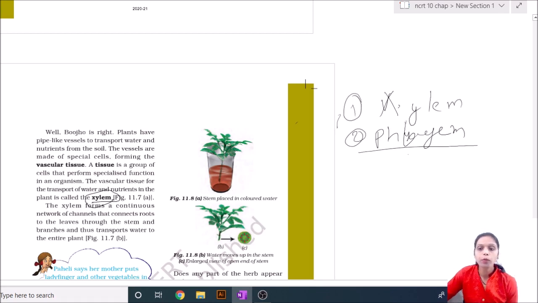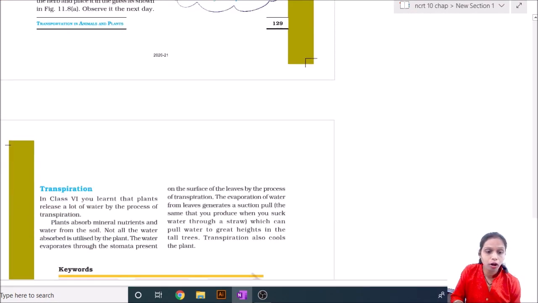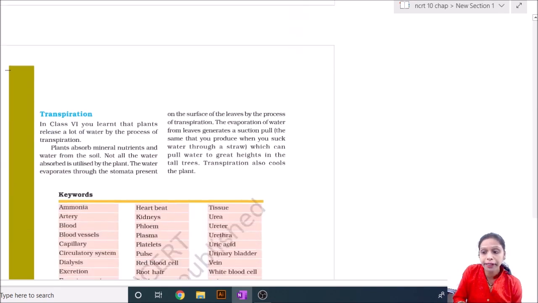Then two types of vessel tubes are present in a tree or a plant. In the next topic, transpiration. Actually, the plant transpires; whatever water is absorbed through the plant is not used all at a time by the plant.